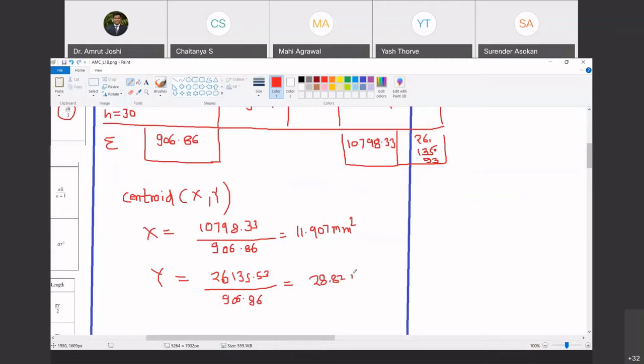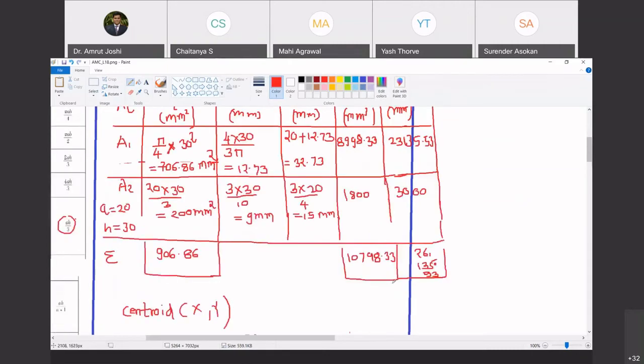By mistake, I have written X as mm square. Correct that, that is in mm. Are you with me? And as it is positive, it is going to be towards the right of the origin. And as Y is positive, it is going to be up. Do you agree with me?